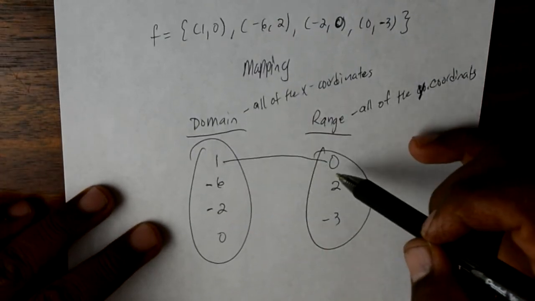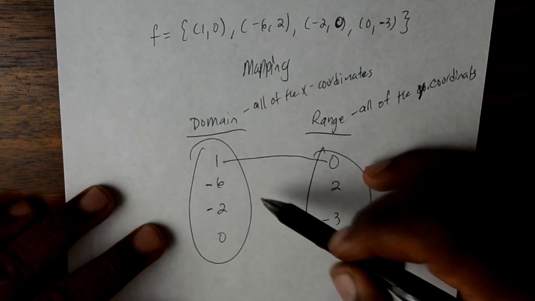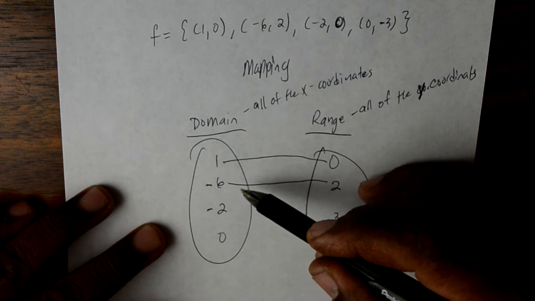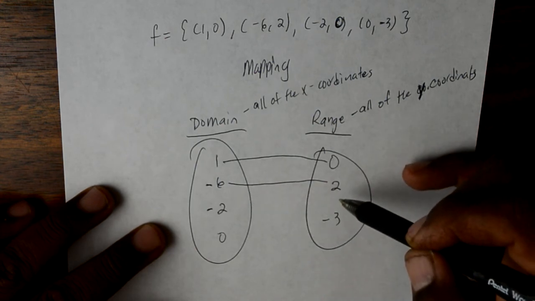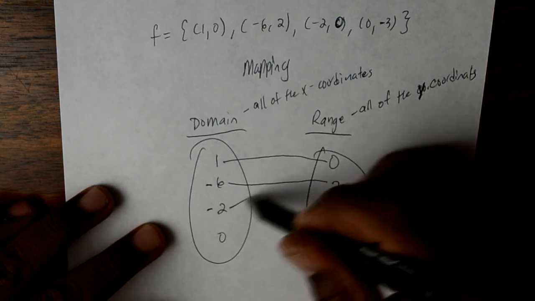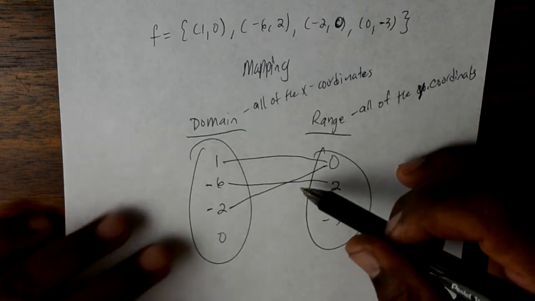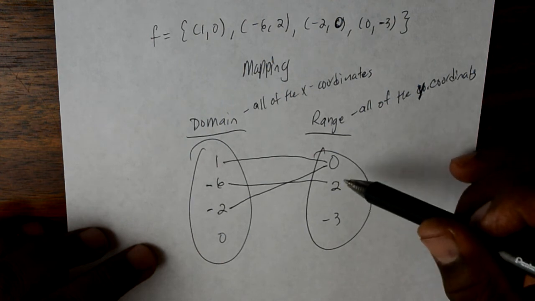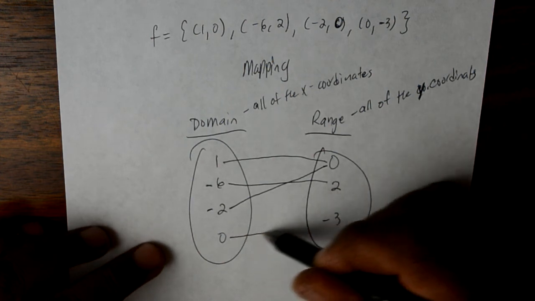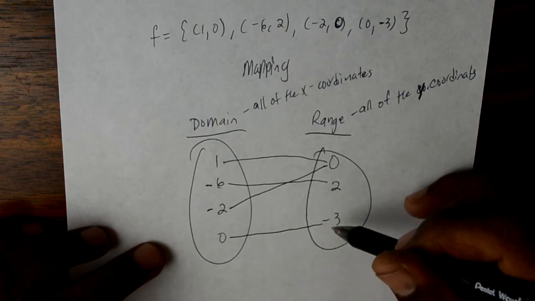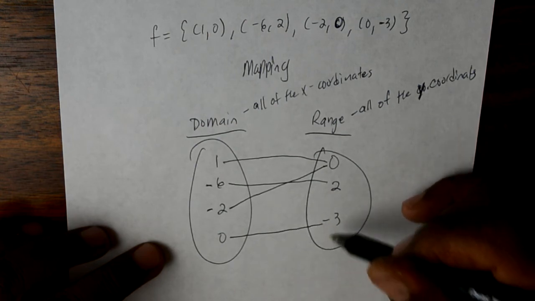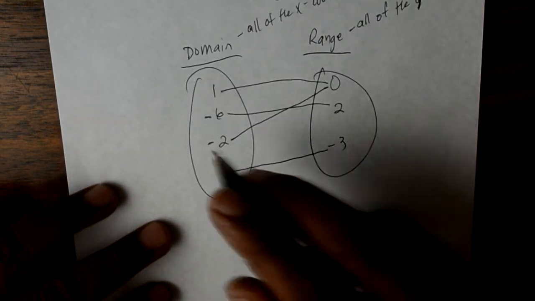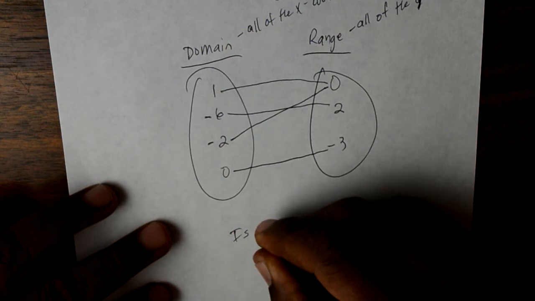It maps to exactly one element in the range. -6 maps to 2. -6 maps to only one element in the range. -2 maps to 0. -2 corresponds to exactly one element in the range. 0 maps to -3. 0 corresponds to exactly one element in the range. Therefore, this relation is a function.